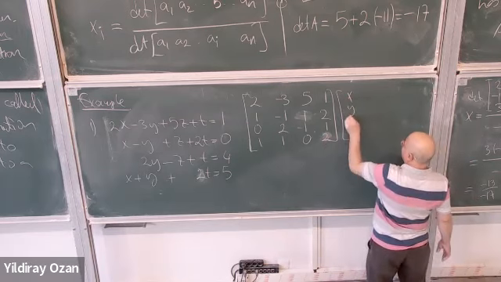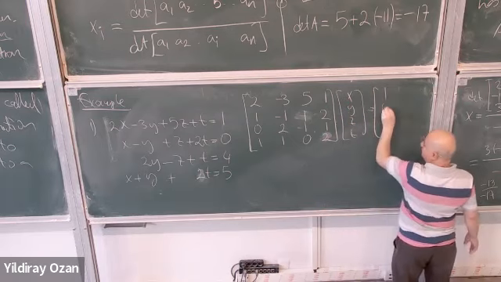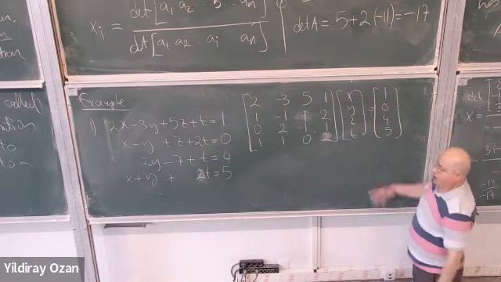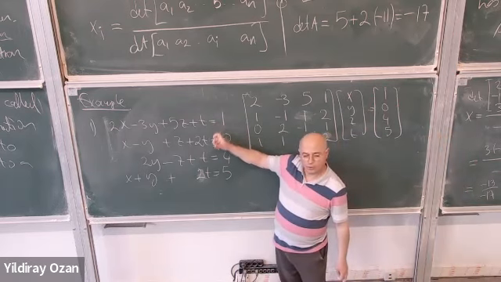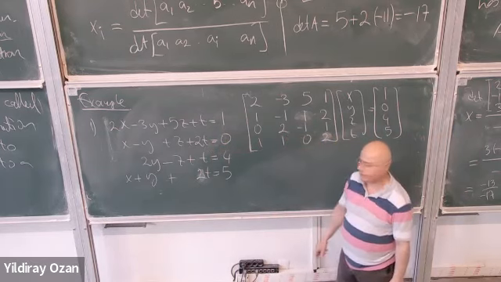So we have x, y, z, t and then 1, 0, 4, 5. Okay. And what I will do, I'll do operations here, and I will just translate those operations here.